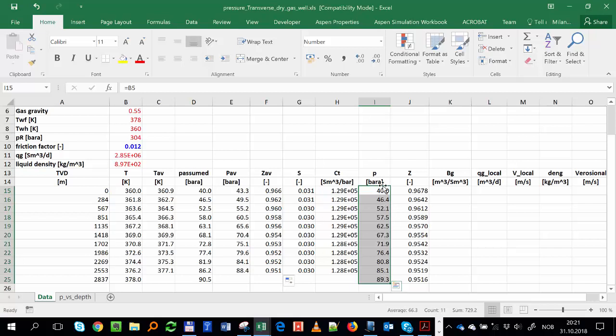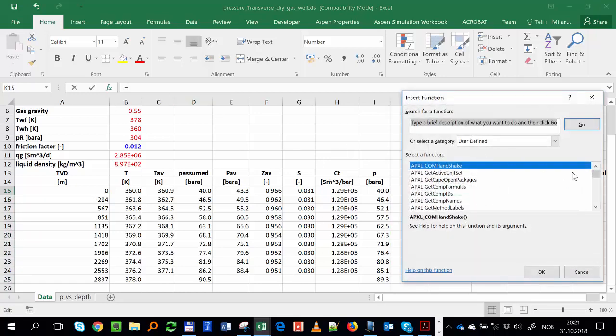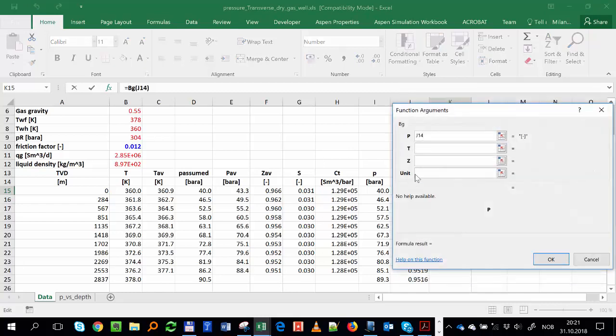So now at that point we have pressure, we have this deviation factor. Now we can calculate this BG, right? And BG, the equation is, this is exactly the same exercise we have done the first day.